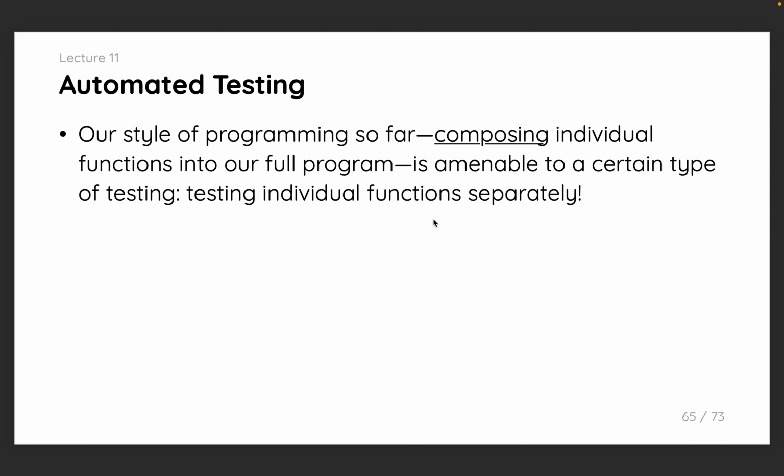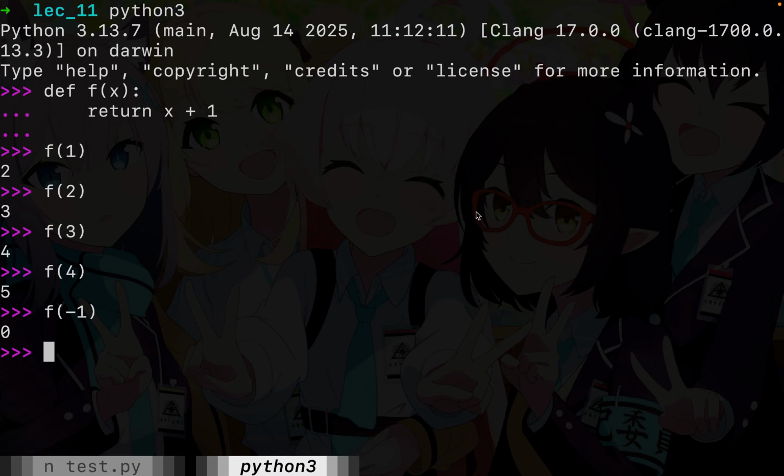Okay, so the kind of programming that we've been doing so far, wishful thinking on different functions, is amenable to a certain kind of testing. Since we're composing our program using several functions, we can actually test those functions separately.